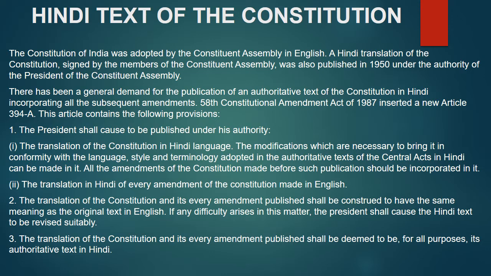The translation in Hindi of every amendment of the constitution made in English, and the translation of the constitution and its every amendment published, shall be construed to have the same meaning as the original text in English. That is, there should not be any differentiation in the meaning and the rule. So if any difficulty arises in the matter, the President shall cause the Hindi text to be revised suitably.